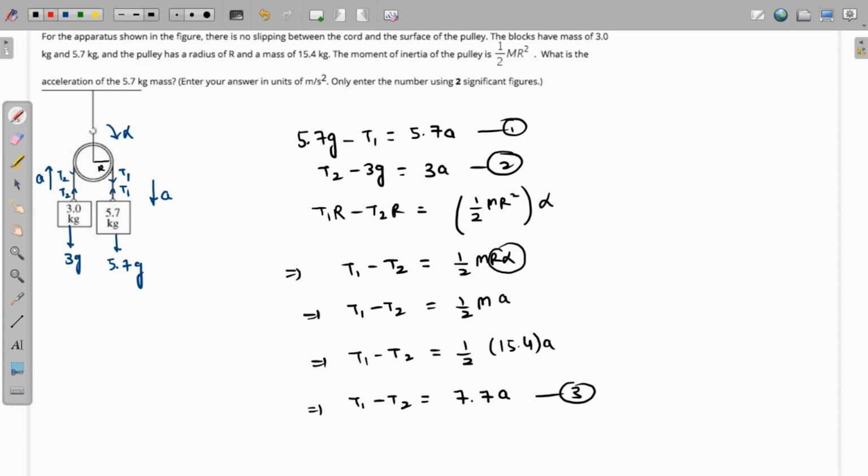So if we add equations 1, 2, and 3, notice carefully, minus T1 and plus T1 is cancelled, and T2 and minus T2 is cancelled.